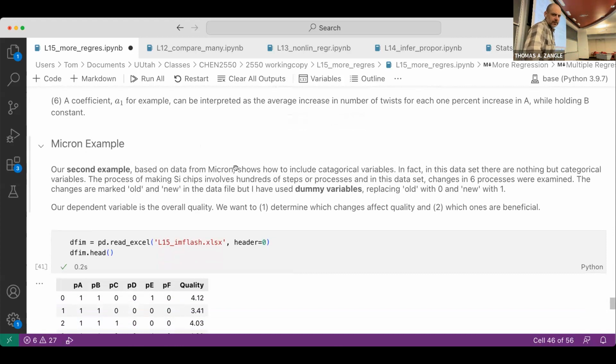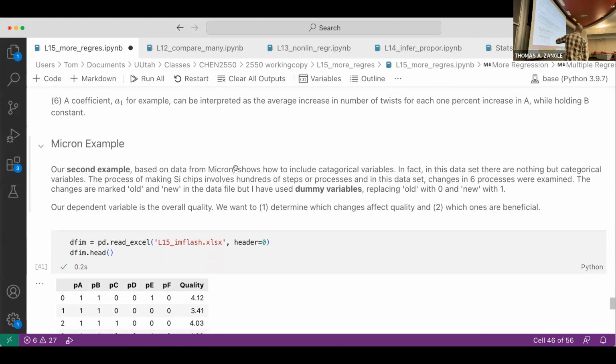All right, so the second example is based on data from Micron. And this is about making some kind of a silicon chip. And in this case, we're looking at changes in 6 individual processes.